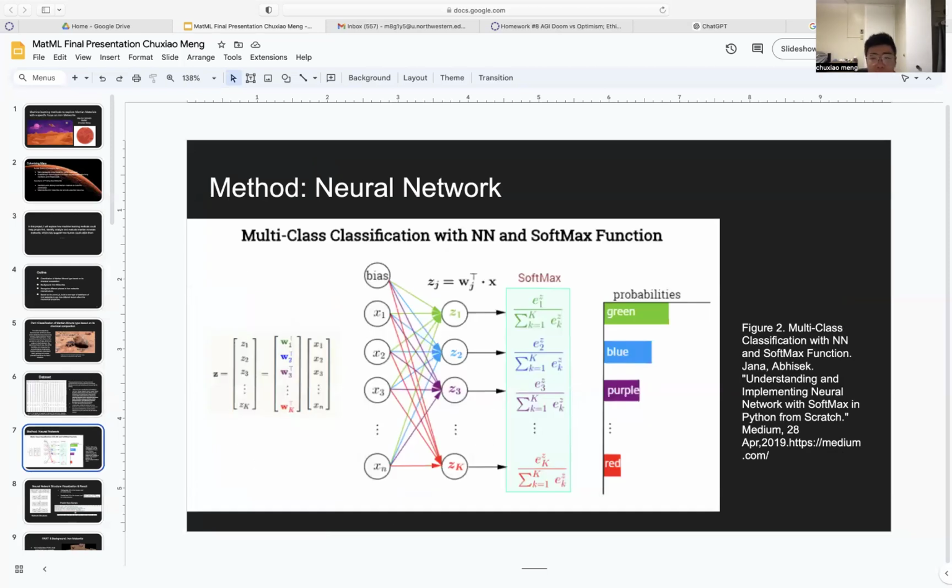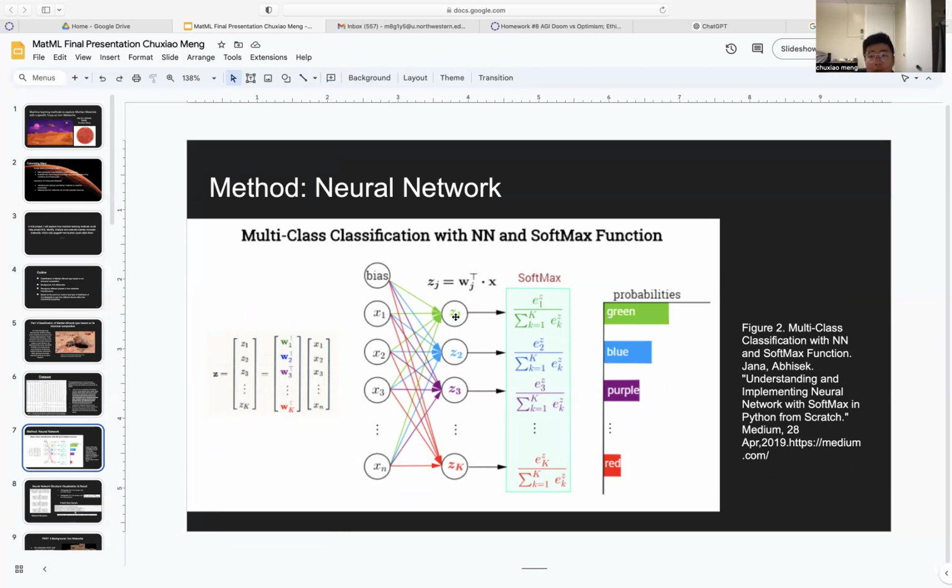The method we use to analyze the mineral composition data is a neural network, which is composed of an input layer, hidden layers, and the softmax layer. The input layer uses the data we just showed, and by some mathematical manipulations, the input data will be transformed to a new data set in the hidden layer.